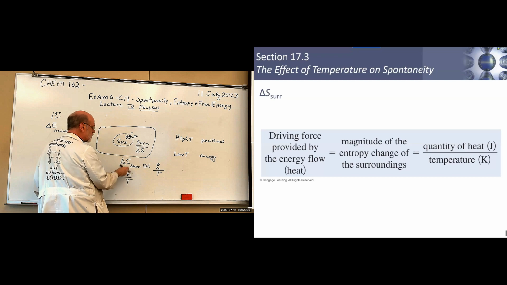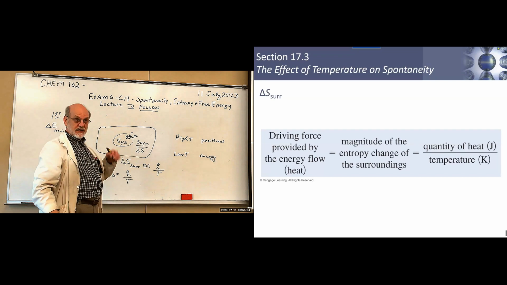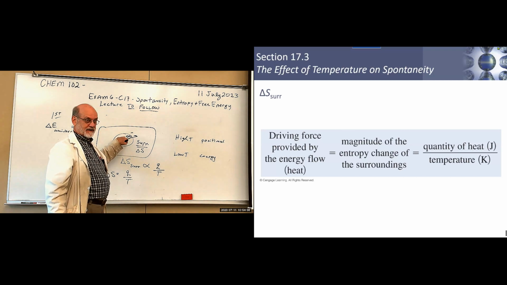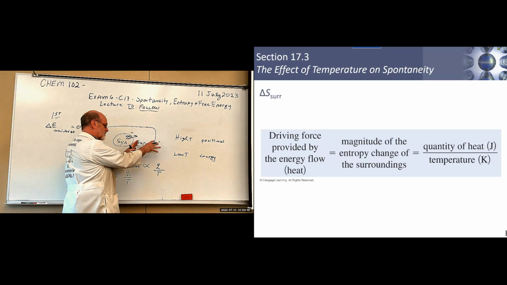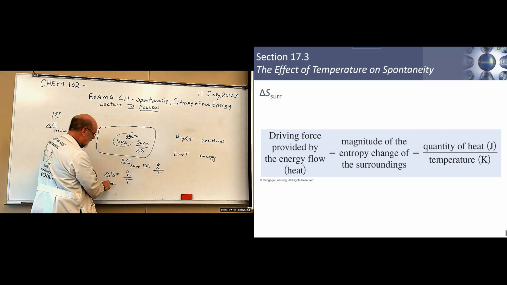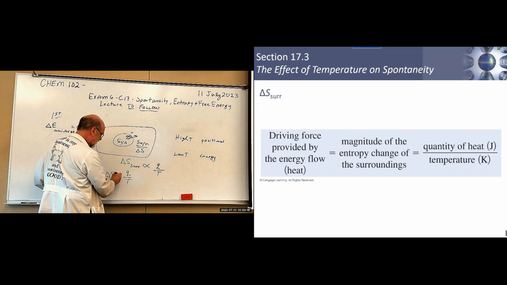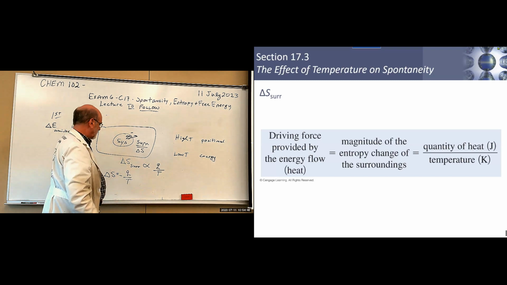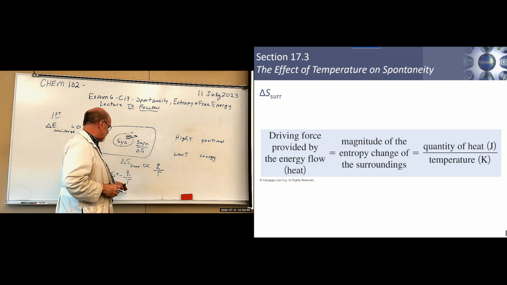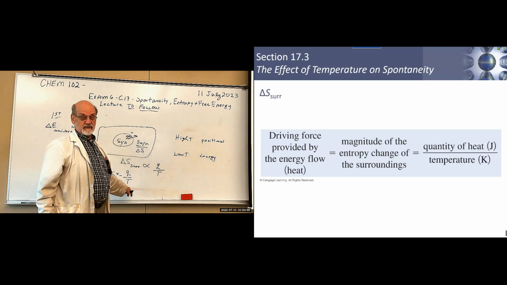So if this value is Q, we always measure Q and delta H with respect to the system. So if we're talking about the surroundings, we've got to change the sign in order to make this one positive. So that's why we put a negative here. The temperature matters in absolute magnitude, but the temperature is in Kelvin.